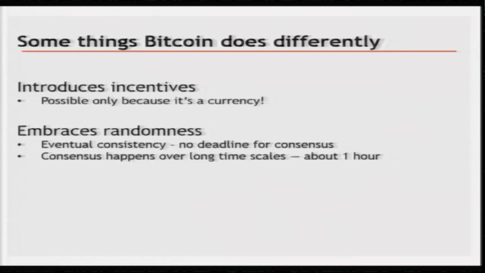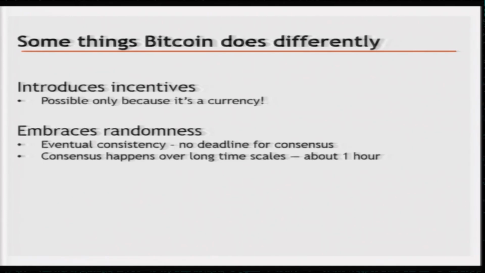Here we actually relax that, and we say that there is no deadline for consensus. We do not say that at this point the consensus process ended, and at this point all the nodes should have added the same block as the latest block to their copy of the blockchain.